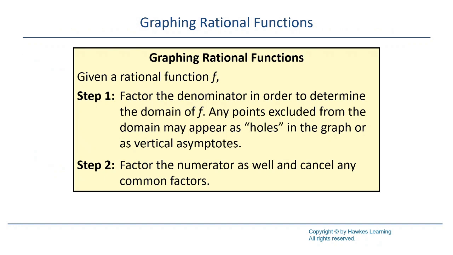And then lastly, how do you graph rational functions? First things first, factor the denominator and figure out the domain. Because you need to figure out what the domain is so you don't plot any points that aren't actually there. And that also gets you your vertical asymptote. So you're helping to already guide the way the graph is going to have to go. And typically you want to factor the numerator as well after you factor the denominator.